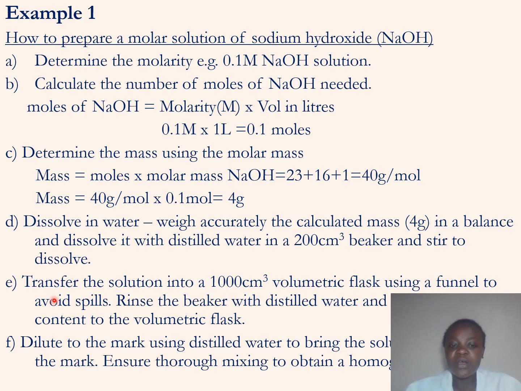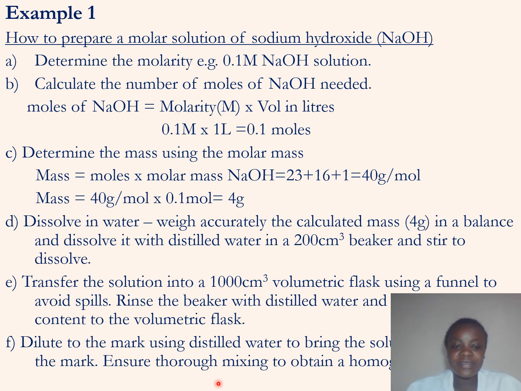So we want to ensure all of it goes inside the volumetric flask. So we use a funnel to transfer the solution. Then we are going to rinse the beaker with distilled water, and then add the content in the beaker to the volumetric flask. Okay, that is step number 5.